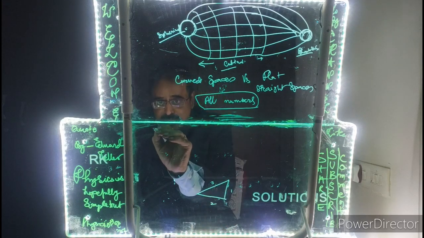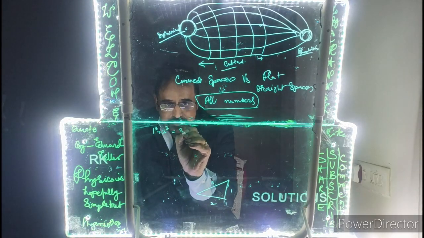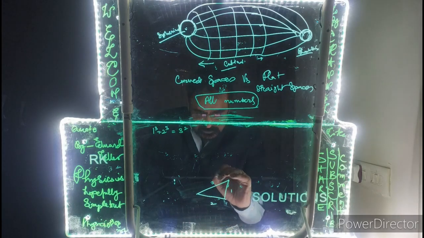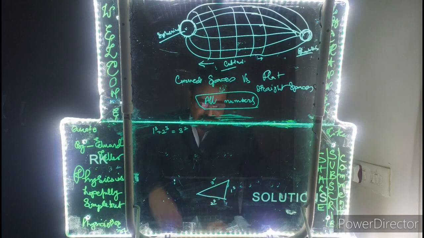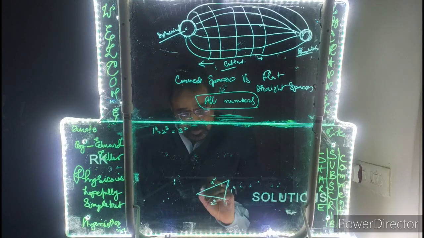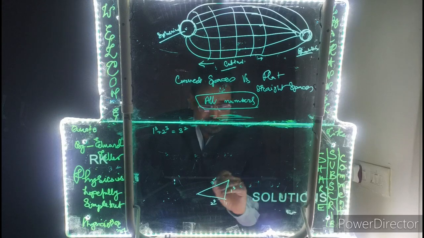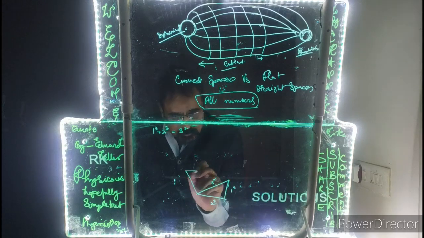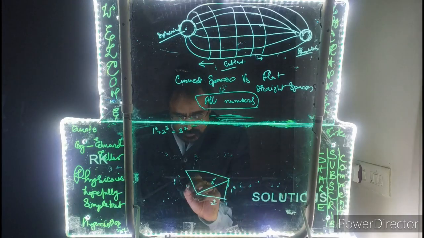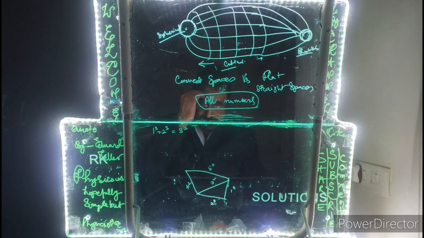If you take 1 cube plus 2 cube, that gives you 3 square. This is 1 cube, 2 cube, right? And then there is another triangle that we can build here. This is 3 square, this is 4 square, this is 5 square, right?